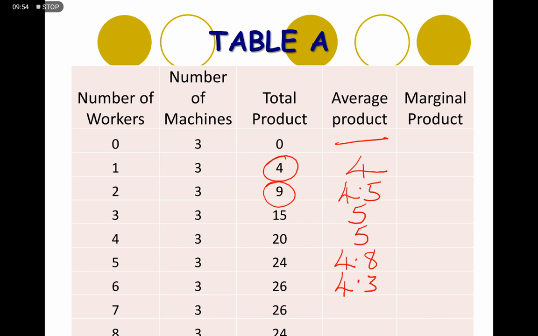You see, the total output hasn't increased there. So 7 workers making 26 is around about 3.8, and then 8 workers making 24 gives us an average of 3.